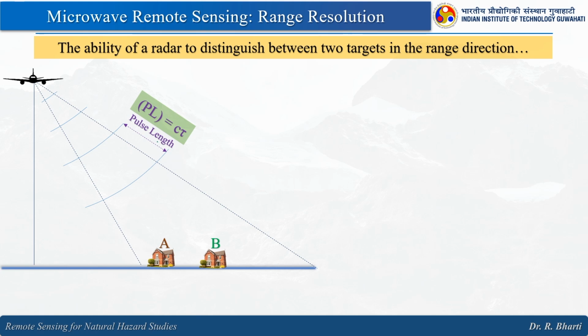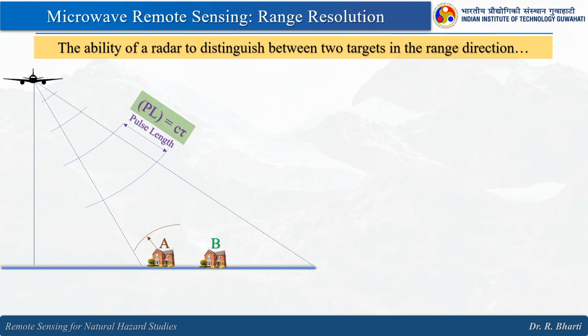So, what is happening here? The distance between the first and the second pulse, that is called the pulse length. So, PL is equal to CT, or you can say C tau. This we are using here.